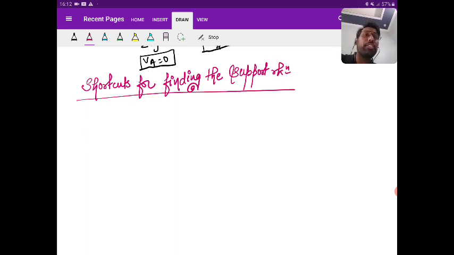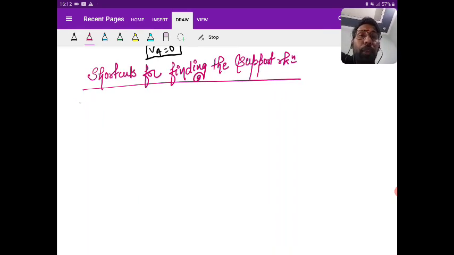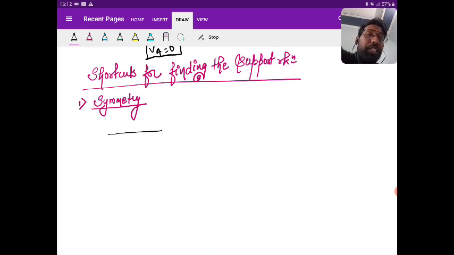What are the shortcuts for finding the support reaction? See, the first shortcut is symmetry. What do you mean by symmetry? See, suppose a beam is there, and a load is applied.